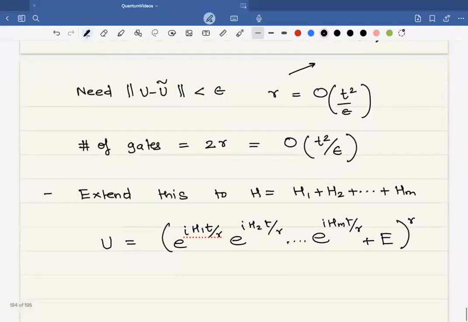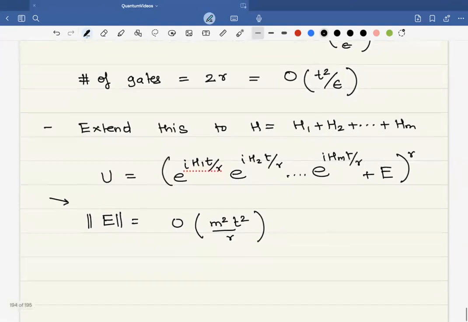And in this case, one can show, though this has to be shown, that the norm of this error term is of order m squared t squared over r.